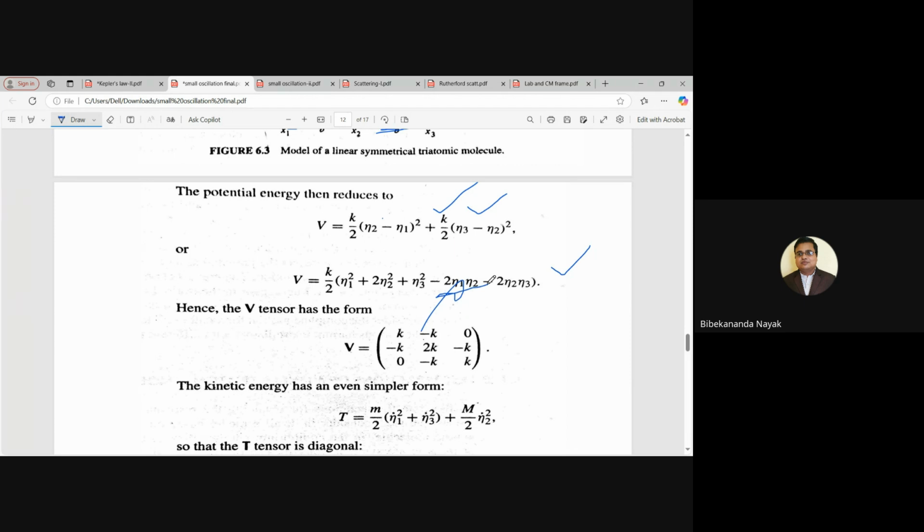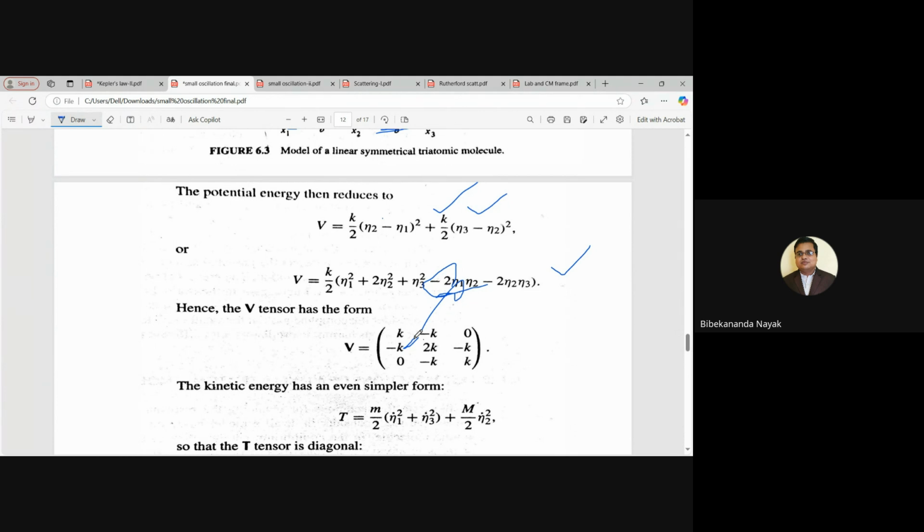But it is symmetric, it is the same as eta 2 eta 1. So I assume that eta 1 eta 2 plus eta 2 eta 1 is equal to this. So instead of writing minus 2 for this component, I divided it into both the 1 2 and 2 1 components. Clear?